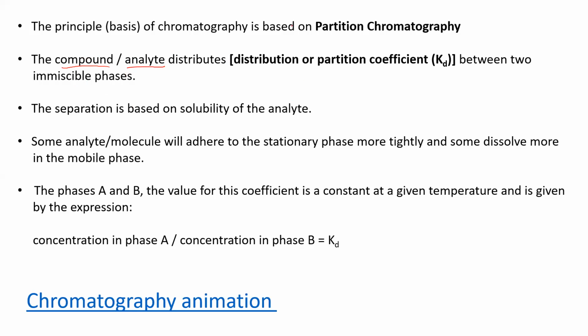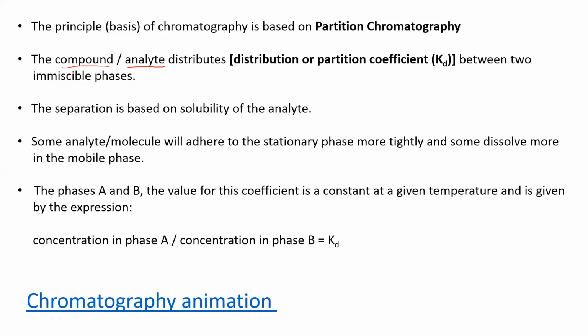Any molecule, any analyte, any compound will have a tendency to dissolve in a particular liquid. As we know, there are two phases in chromatography: a stationary phase and a mobile phase. This analyte or compound has an affinity towards either of them.